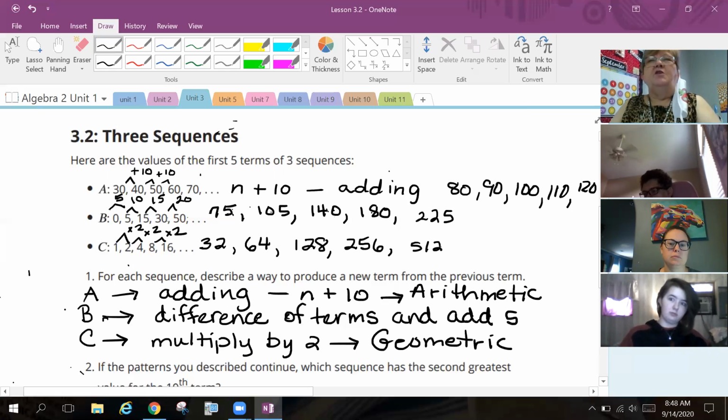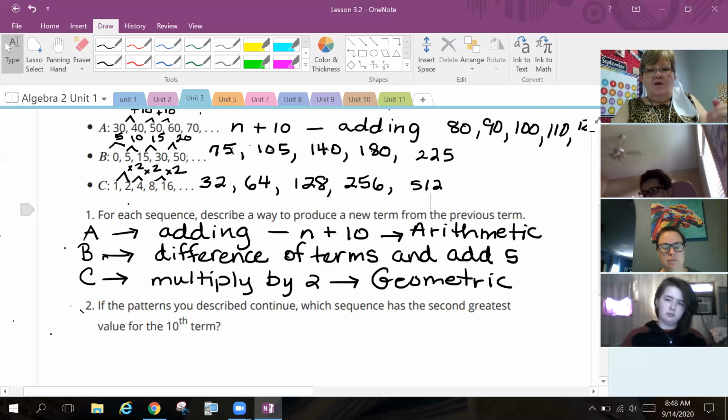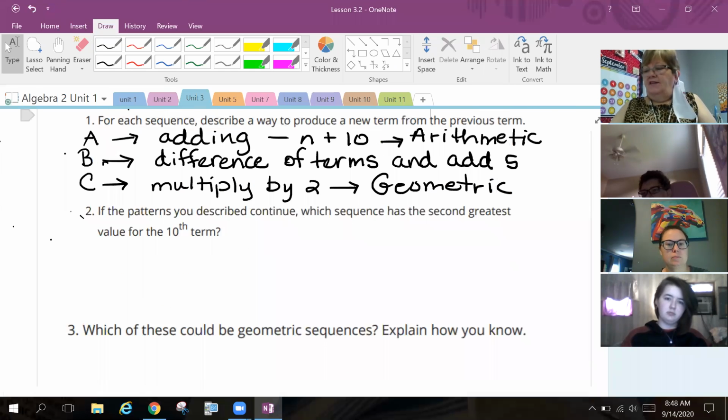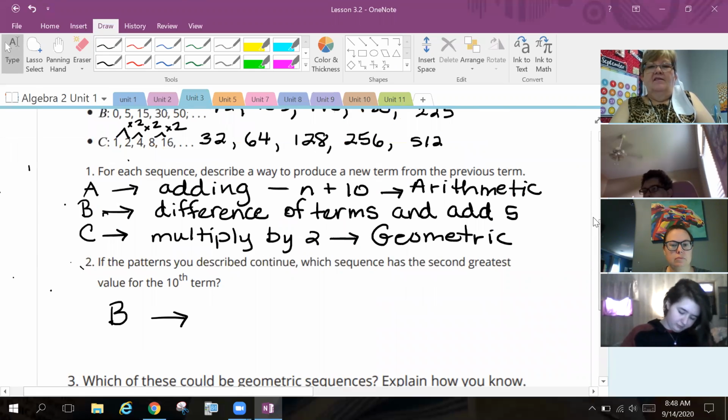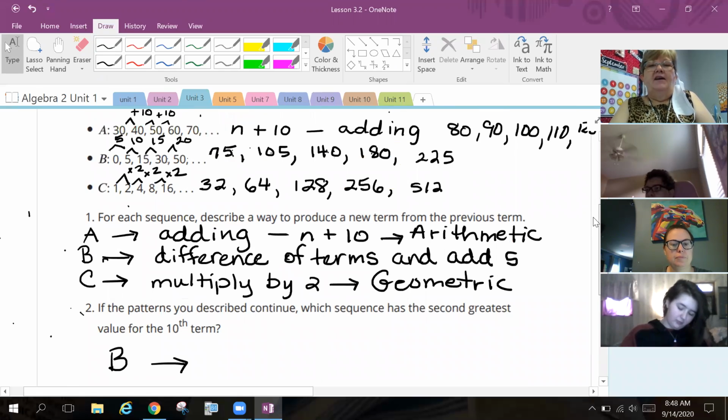So sometimes you might have to work it all the way out to figure it out, and those are the 10th number in each of the sequences. So Caitlin is right, the one with the second highest would be B, because it had 225 and C had 512.